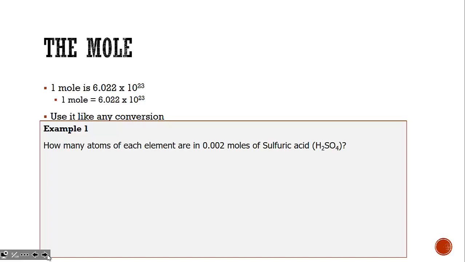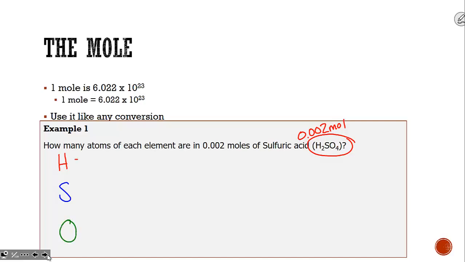So how many atoms of each element are in 0.002 moles of sulfuric acid? We are simply going to say, oh, I have 0.002 moles of this whole substance. So for the formula sulfuric acid, there is hydrogen, sulfur, and oxygen atoms present.